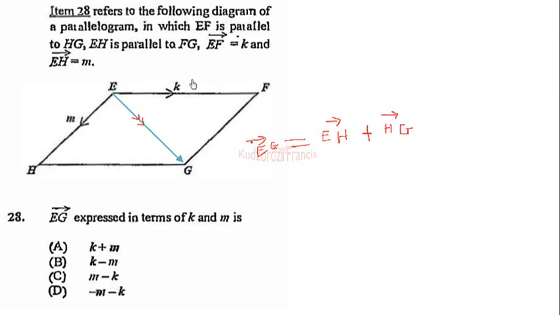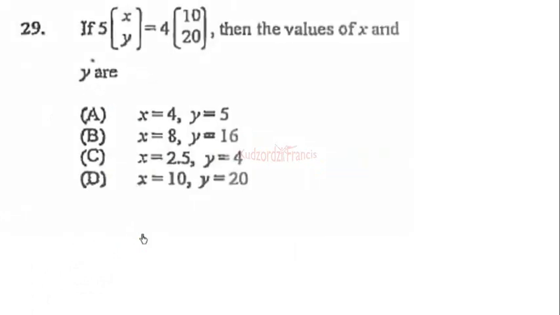So that is from the triangular law of vector addition. So we know the parallel vectors are equal, so this one will be K. Just substitute to get EH, which is M, plus HG, which is K, and the same as K plus M. Addition is commutative, so we have this as the correct answer.